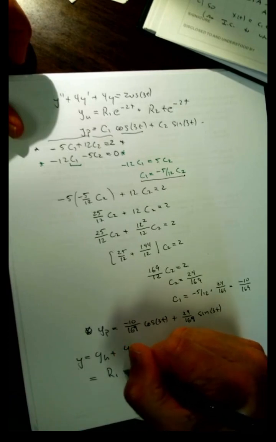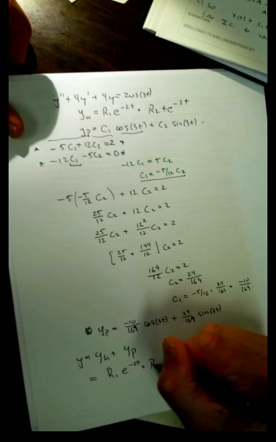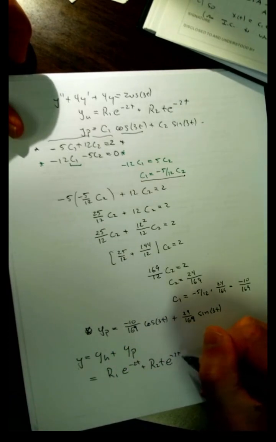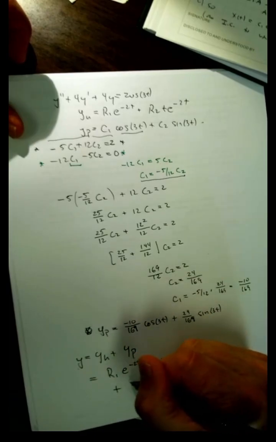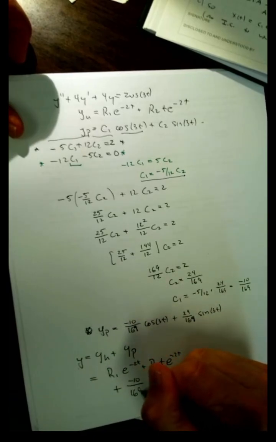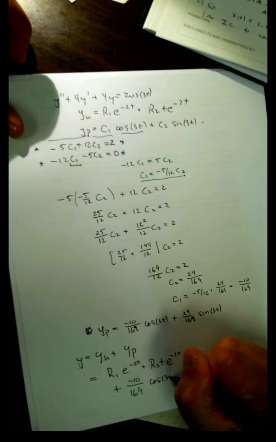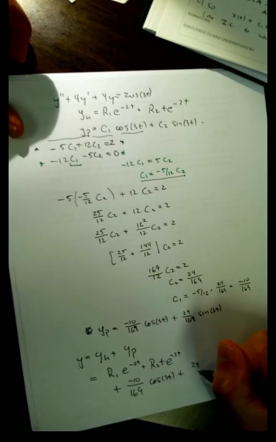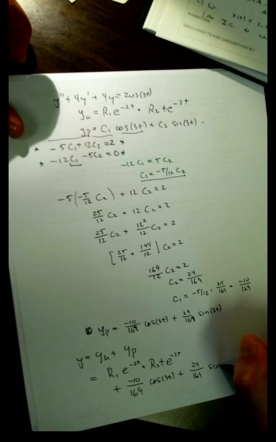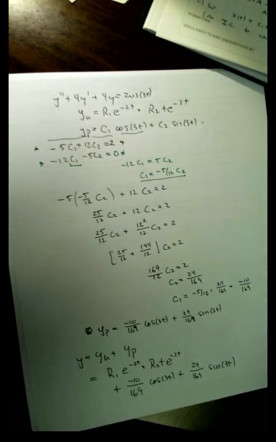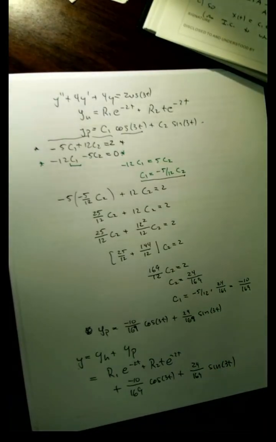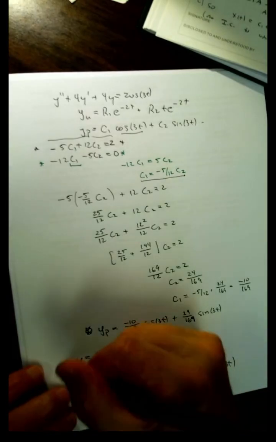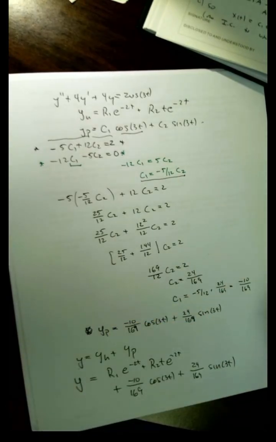Homogeneous is r1 e to the minus 2t plus r2 t e to the minus 2t. And the particular is minus 10 over 169 cosine 3t plus 24 over 169 sine of 3t. All right, and again, this is my whole solution. I can now use this to get my solution, and I can double check it by just plugging into the original DE.